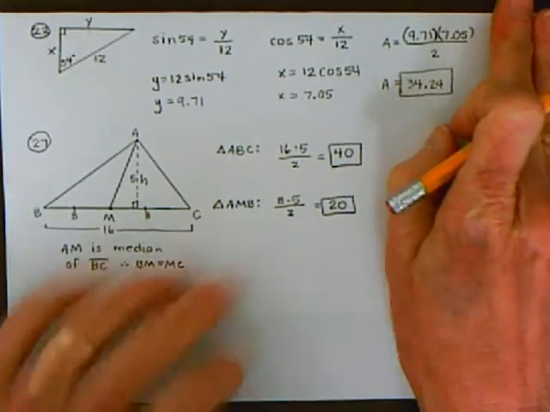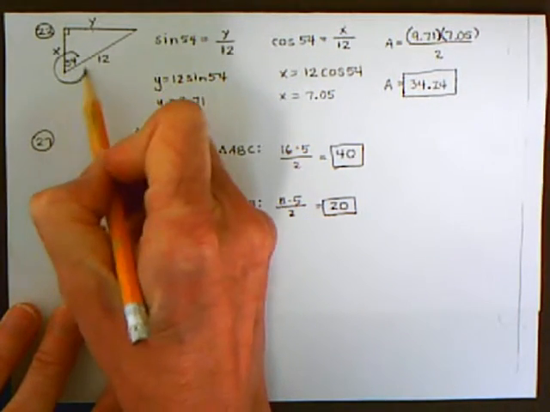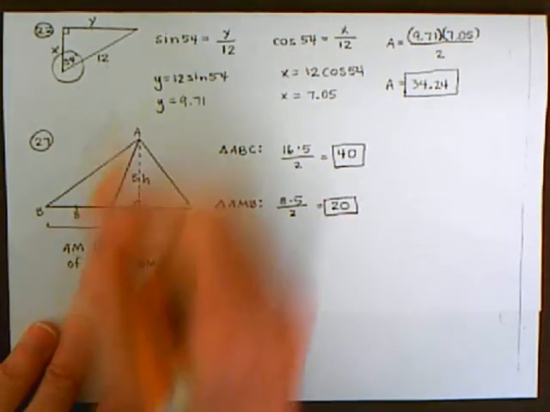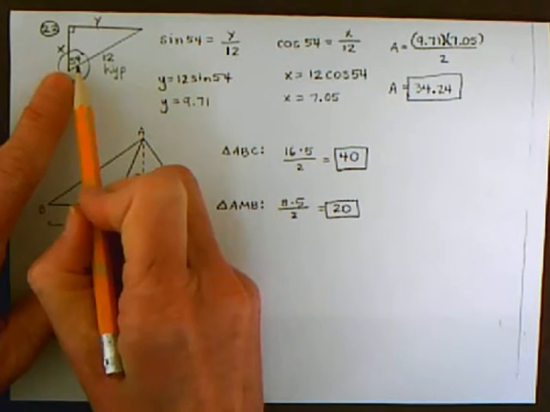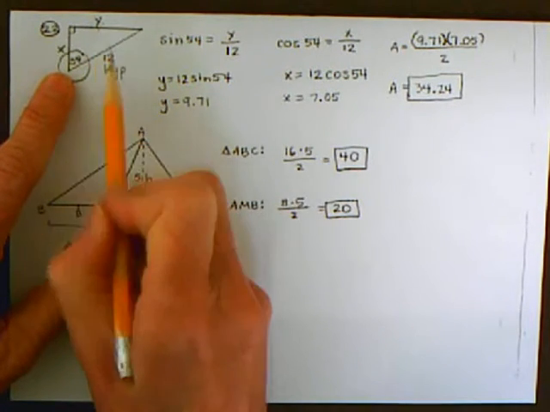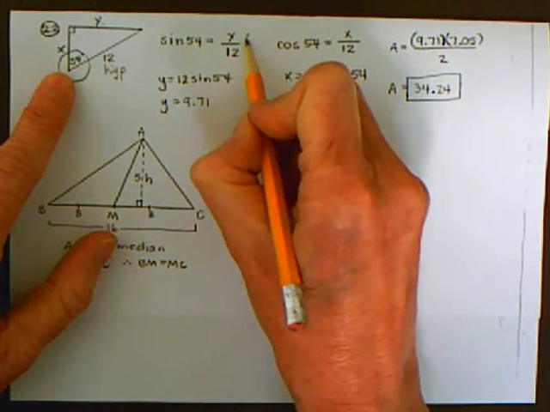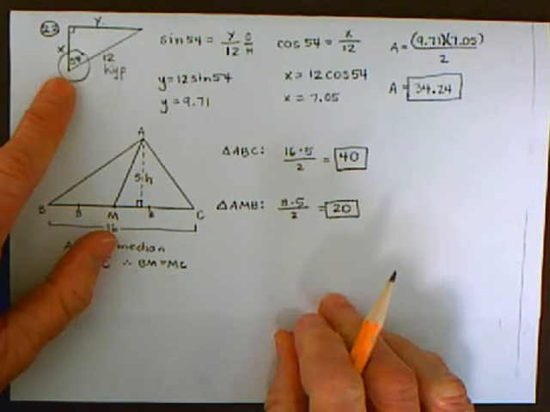All right, so again, this is my reference angle right here. And this side will always be my hypotenuse here. Relative to my reference angle, this is the opposite side, and this is the hypotenuse. So the sine of 54 is equal to y over 12. That's opposite over hypotenuse.